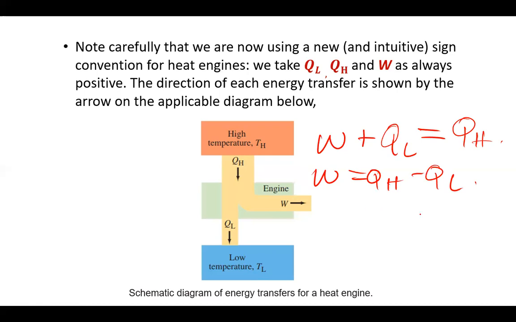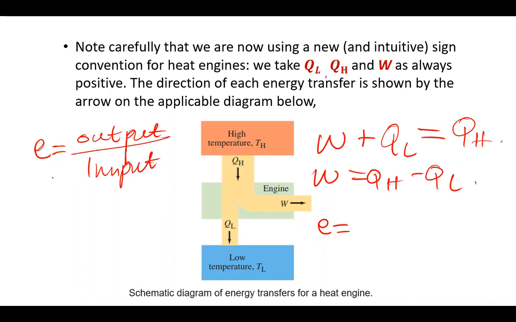So this is as simple as that. You need to know this. And then imagine if you want to find the efficiency of this engine. We know that the normal definition of efficiency is simply the output over the input. It can be output energy, it can be output temperature, it can be output anything. So this is just the general formula for efficiency.